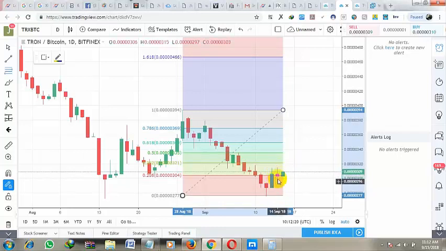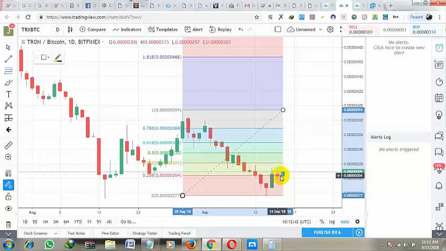So if I want to buy right now, I know that there is a support around the 23.6% retracement level, which is at 304. So if it comes down to 304, I can decide to place my buy around 304, 305 Satoshi.